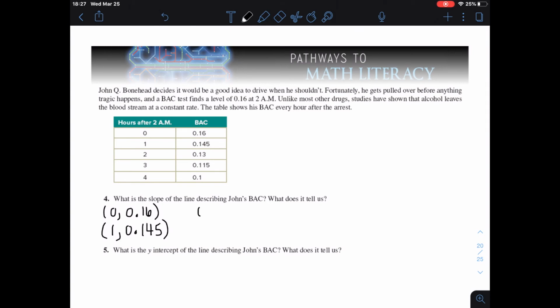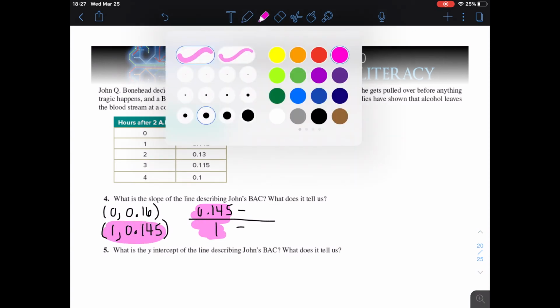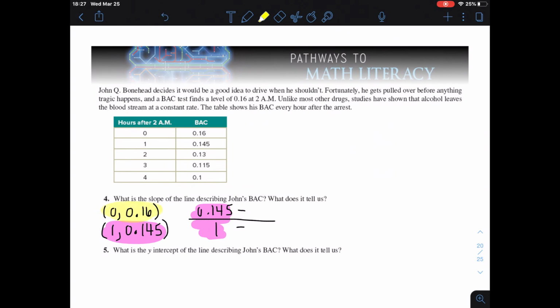If we put the 0.145 first in the top for our Y values, you've got to put that first for the X values. So these two belong together. Then we would group these two as well. So they would go here. So we put the Y value up top, which is 0.16, and then 0 in the bottom.